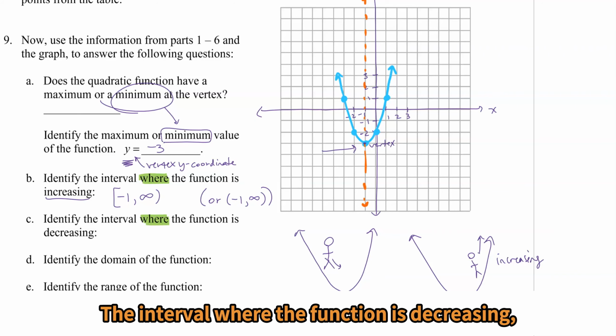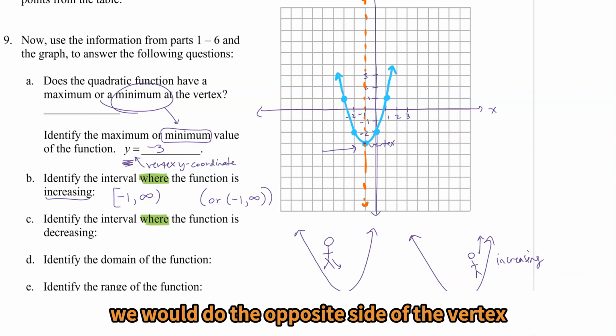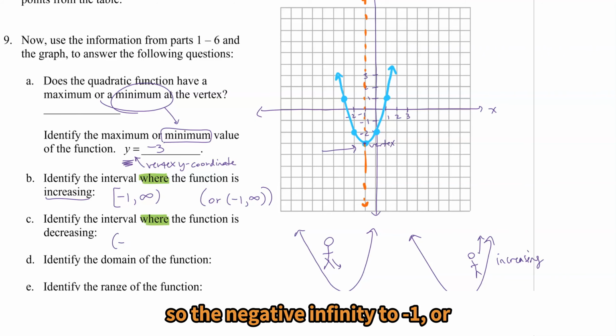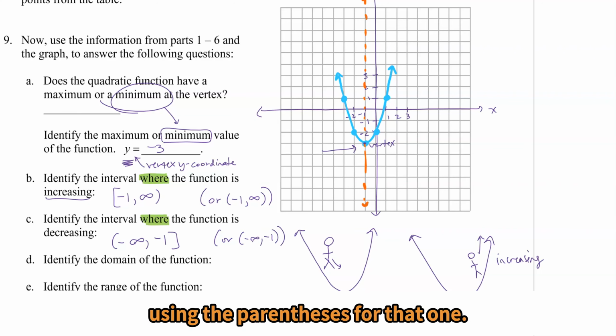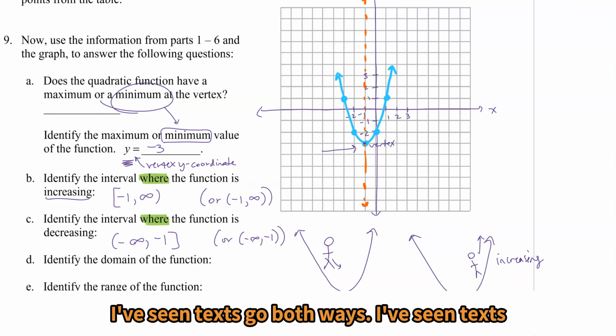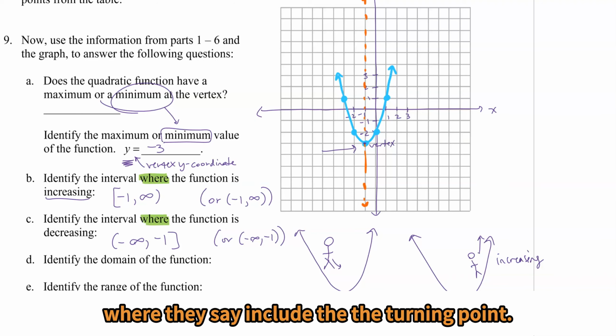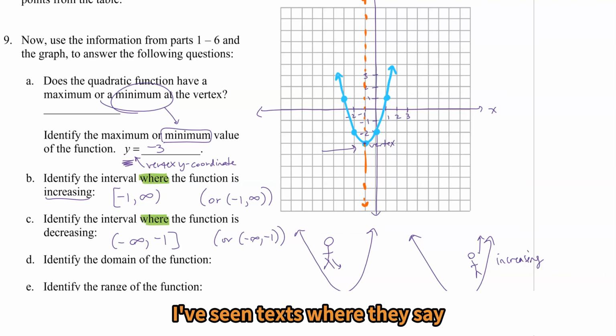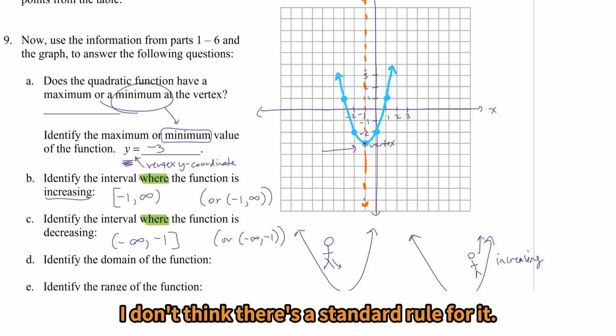The interval where the function is decreasing, we would do the opposite side of the vertex, so the -infinity to -1, or using the parentheses for that one. I've seen texts go both ways. I've seen texts where they say include the turning point. I've seen texts where they say don't include the turning point. I don't think there's a standard rule for it.